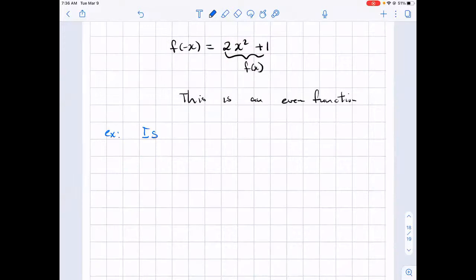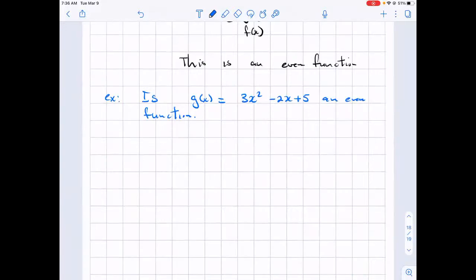Is g of x equals 3x squared minus 2x plus 5 an even function? And remember, to check for even and odd, all we're doing is replacing these things.